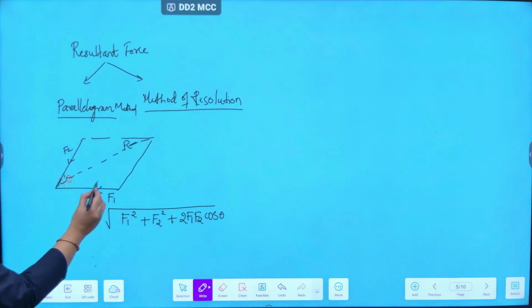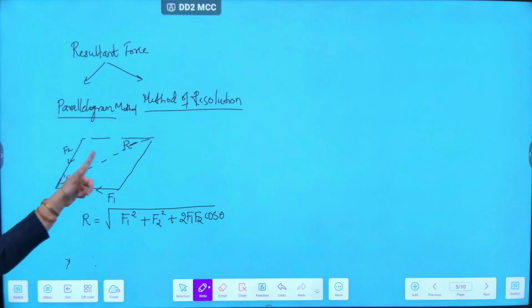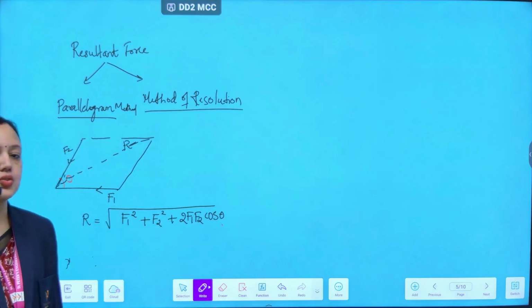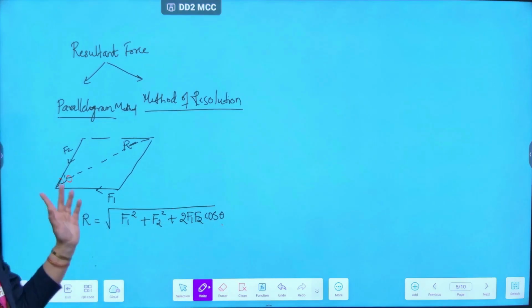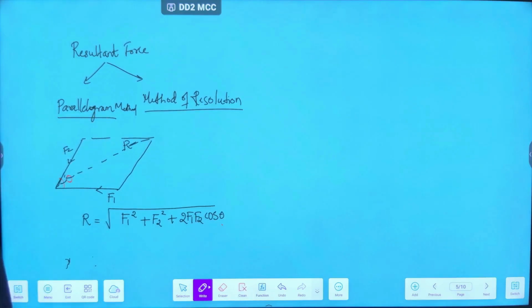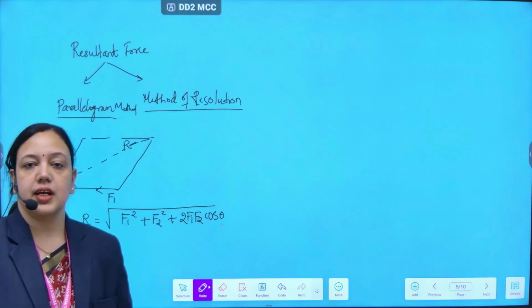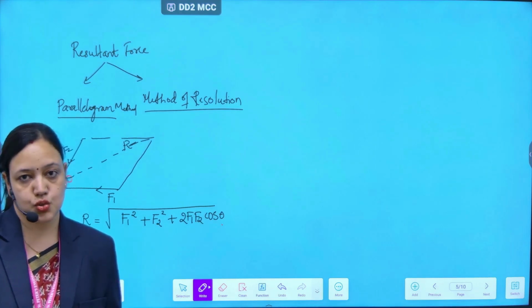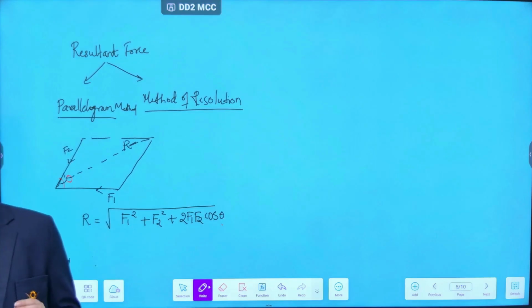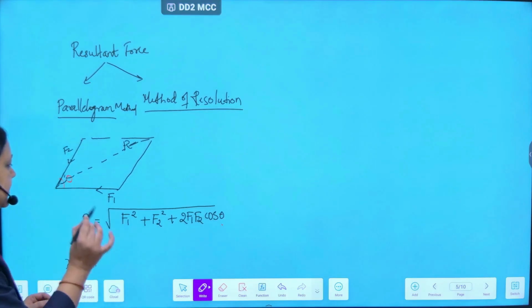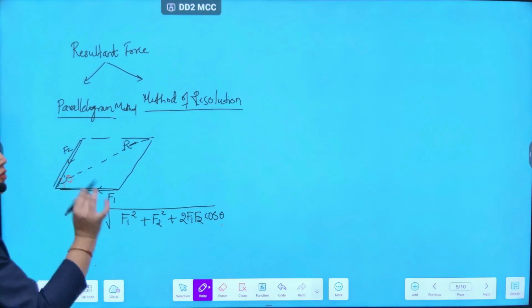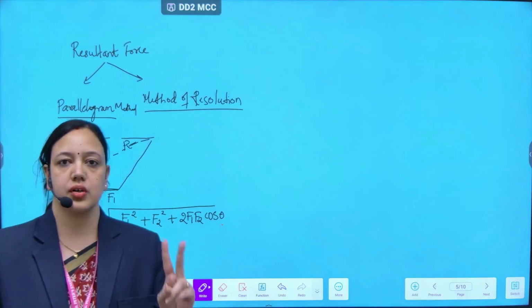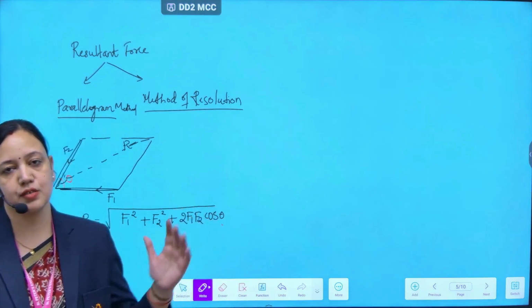As you can see, theta is the angle between these two forces. So this is the formula to find the resultant in the parallelogram method. This method is a quick method for calculation of resultant, but as I told you, it has a limitation. The limitation is that this method is only suitable for two concurrent forces. Only for two concurrent forces can you apply this formula.